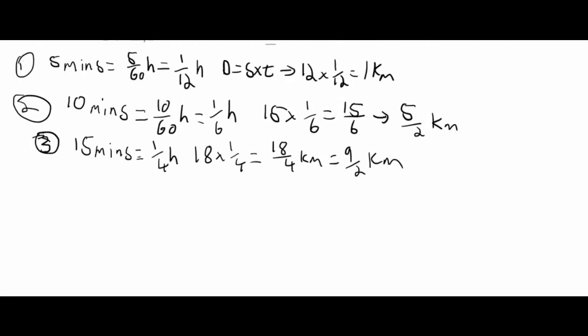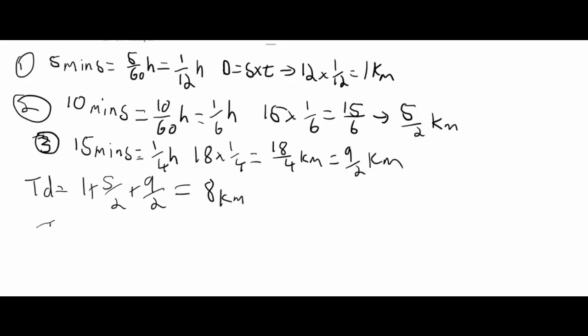And so for the whole journey, the total distance she traveled is 1 plus 5 over 2 plus 9 over 2, which is equal to 1 plus 14 over 2, which is equal to 8 kilometers.